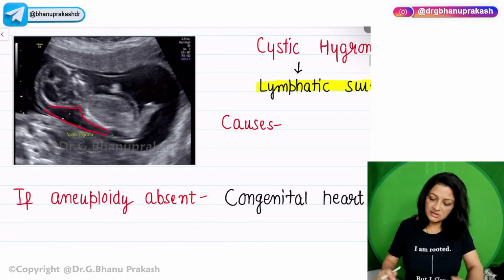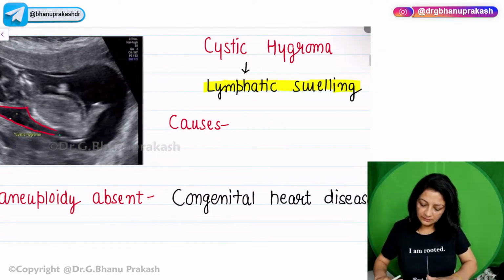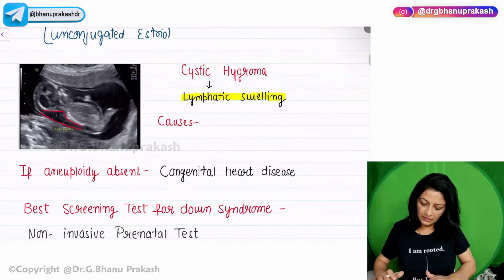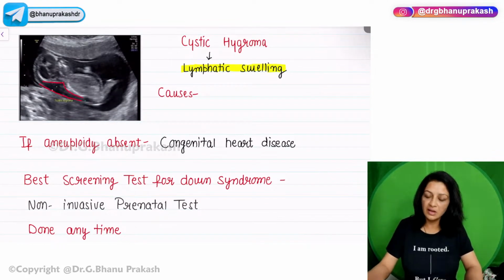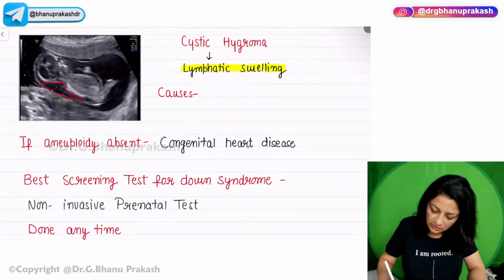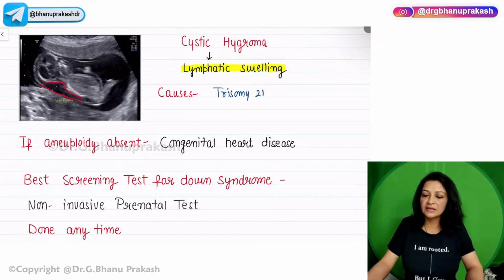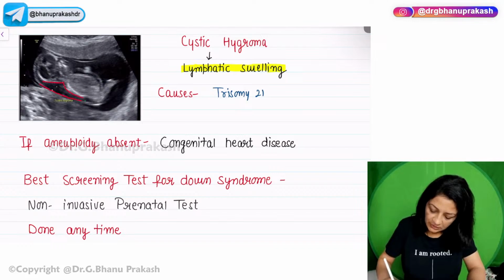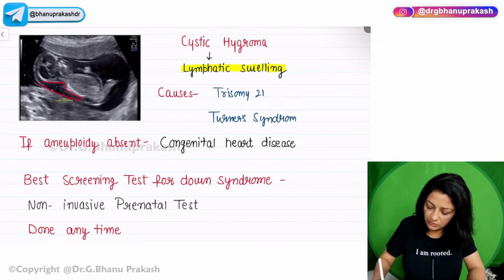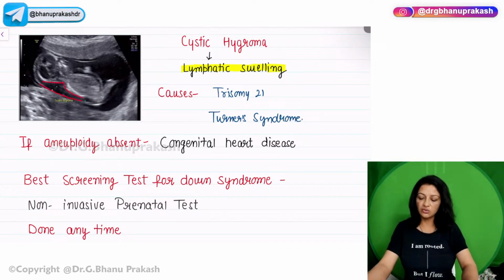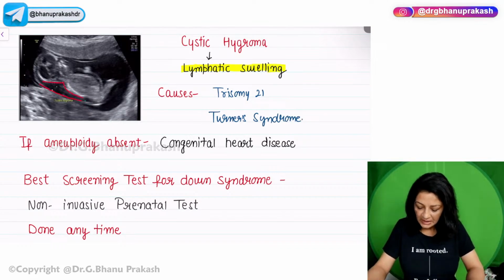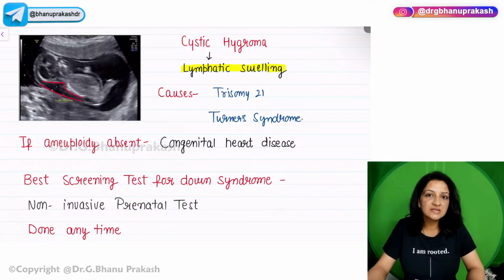So what are the causes of cystic hygroma? First one is trisomy 21 and the second one Turner's syndrome. So most common cause of cystic hygroma, trisomy 21, and the second most common cause is Turner's syndrome.